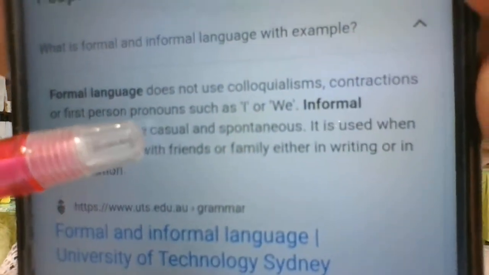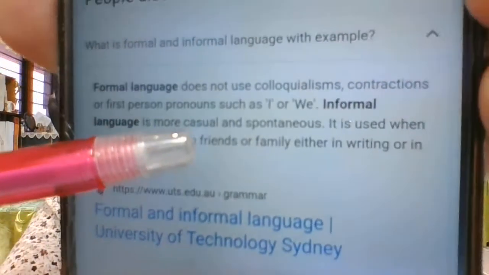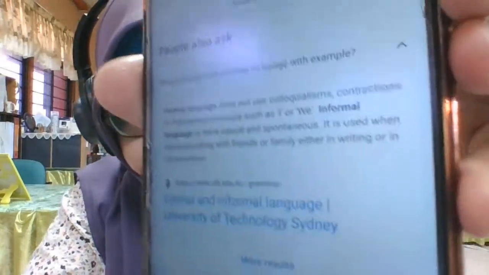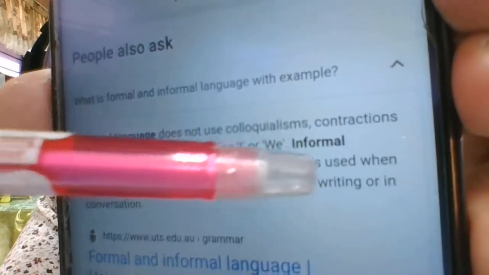Casual is lebih biasa, and spontaneous means lebih spontan. It is used, ianya digunakan, when communicating with friends, bila bercakap dengan kawan-kawan, or family, keluarga, either in writing, penulisan, or conversation, perbualan.